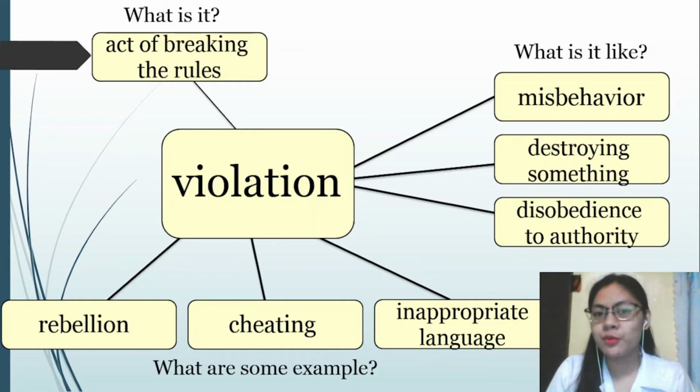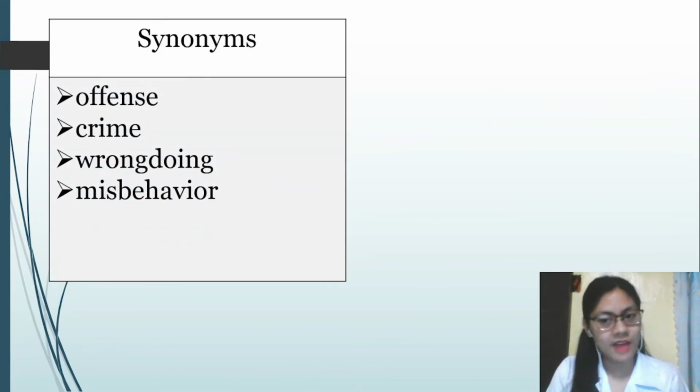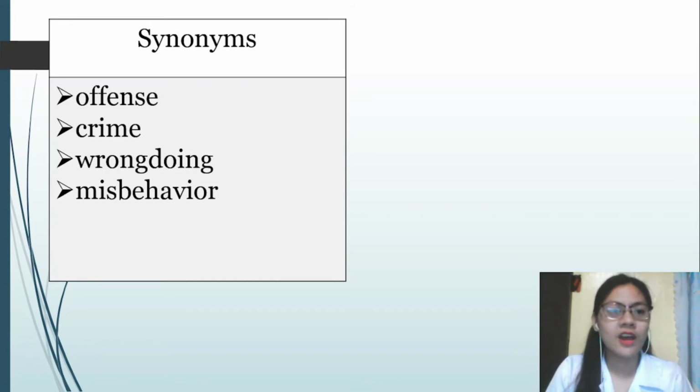Now, let's move on to the synonyms. Again, synonyms are exact or nearly exact meanings of another word, which in here, the synonyms of violation are offense, crime, wrongdoing, and misbehavior.